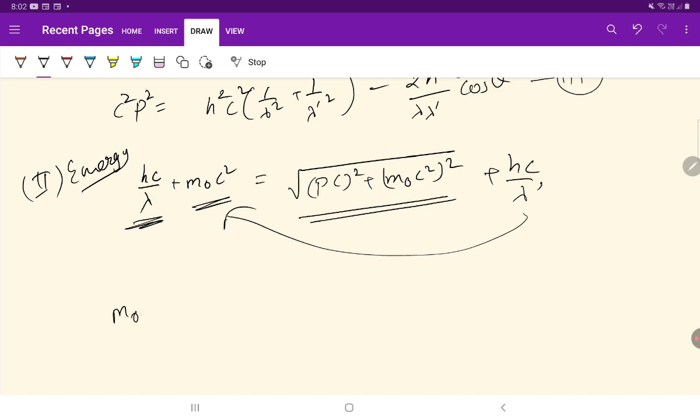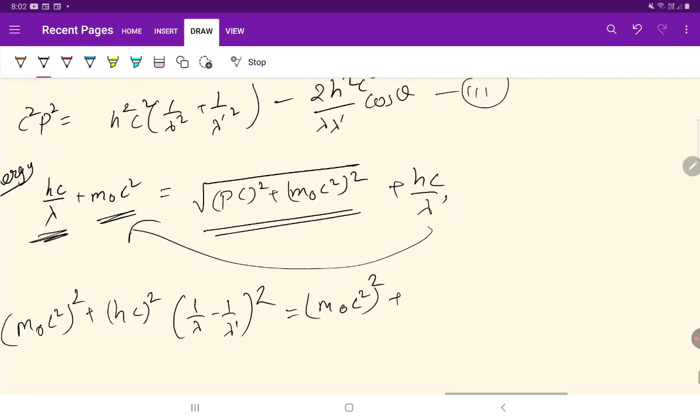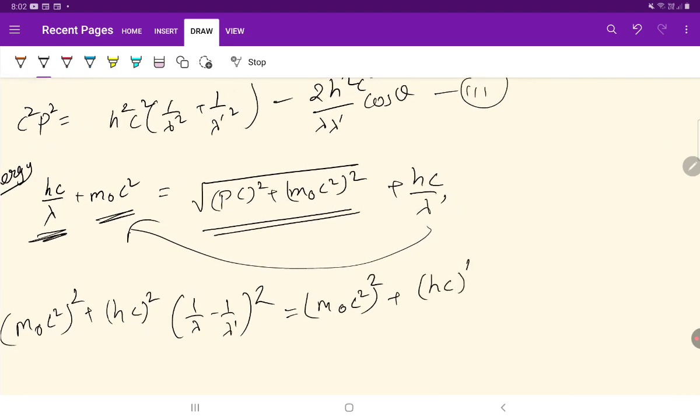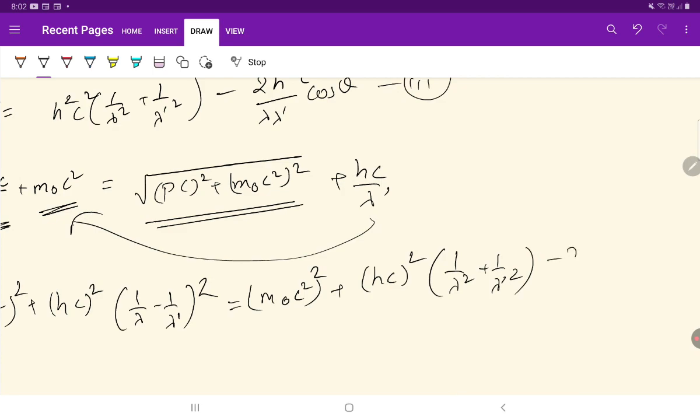You will get (m naught c square) whole square plus (hc) whole square (1 by lambda minus 1 by lambda dash) whole square is equal to (m naught c square) whole square plus (pc) whole square. Now expanding the (pc) whole square, you will get (hc) whole square (1 by lambda square plus 1 by lambda dash square) minus 2 h square c square by lambda lambda dash cos theta.